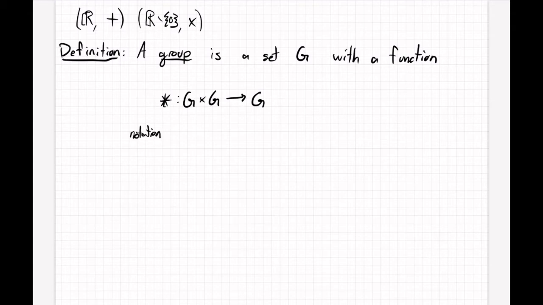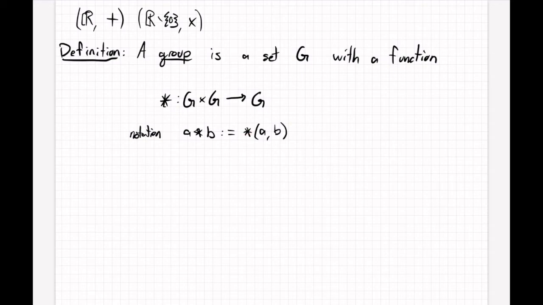And so of course my notation, I want this to work like plus and times. So when I write A star B, what that means is I'm taking the function star and evaluating it at A and B. Remember, when I just have a function, the notation for evaluating that function is this stuff with parentheses right here, just like I would write f of x, right?